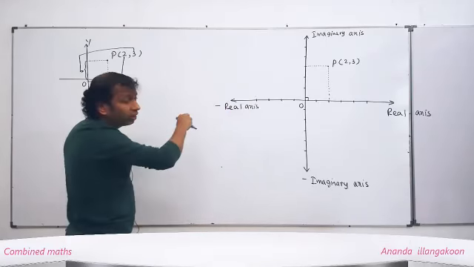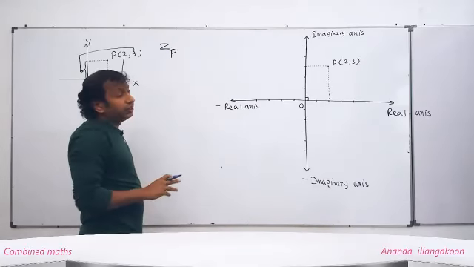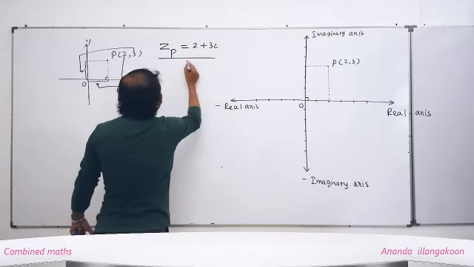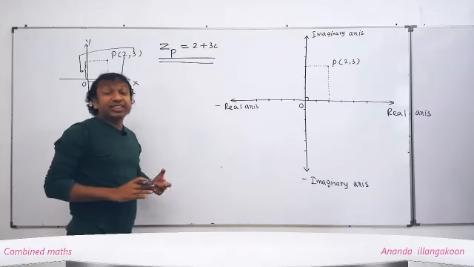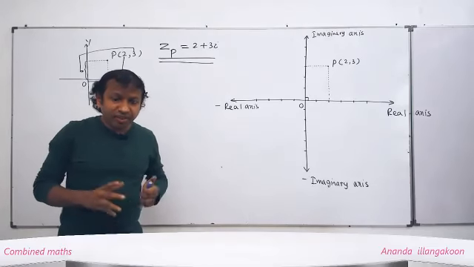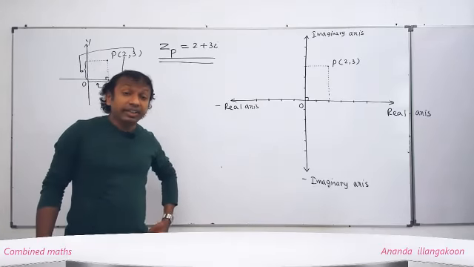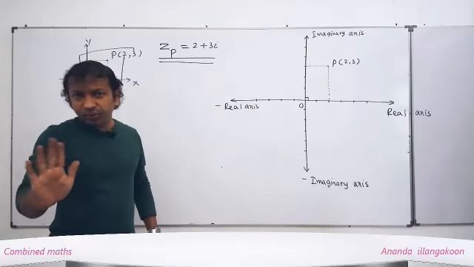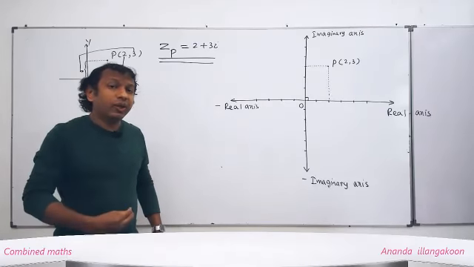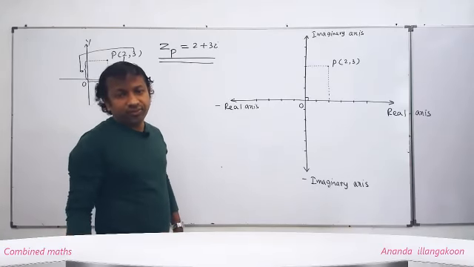Then the complex number represented at the point P, if I denote it by ZP, the complex number is 2 plus 3i. Then remember, we come to a new world, where we can represent a complex number by a point in the Argand plane, not the Cartesian plane. We don't use that one. In the Argand plane, by a point, we can represent a complex number.